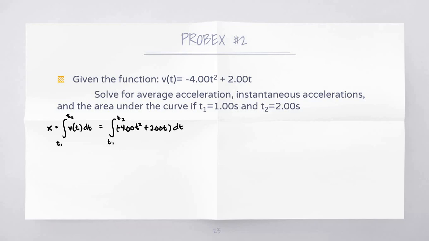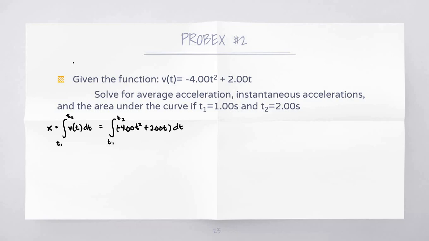Alright, now how do we solve the integral of negative 4t squared plus 2t dt? The first thing we need to do after substituting the function into the formula is to integrate using the rules of integral.